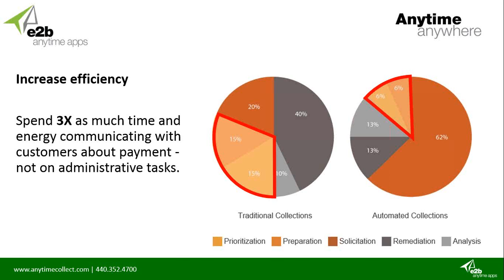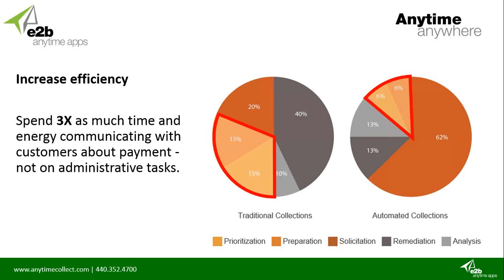And in that area, companies are spending about 15% of their time trying to prioritize who they're going to call, what they're going to do next. They're also then spending about 15% of their time preparing for an email, preparing for a call, or whatever activity is at hand. So that's 30% of their time they're allocating in a manual process.